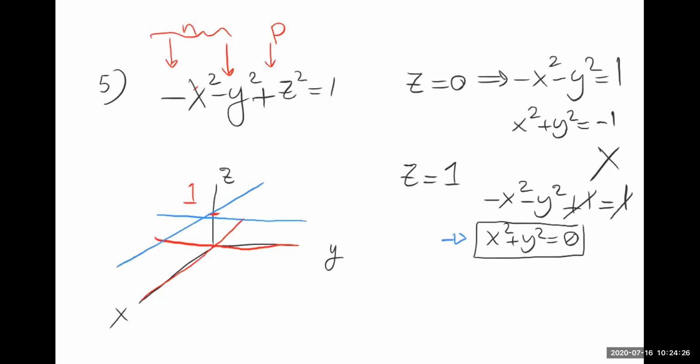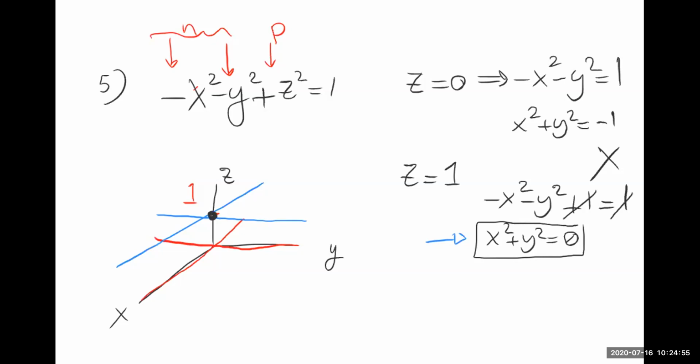What is this equation, x squared plus y squared equals 0? It's an equation of a circle with radius 0. What is a circle with radius 0? That is correct. A circle with radius 0 is a point, right? If you think about a circle whose radius is 0, it's just a point. So here we have a point.